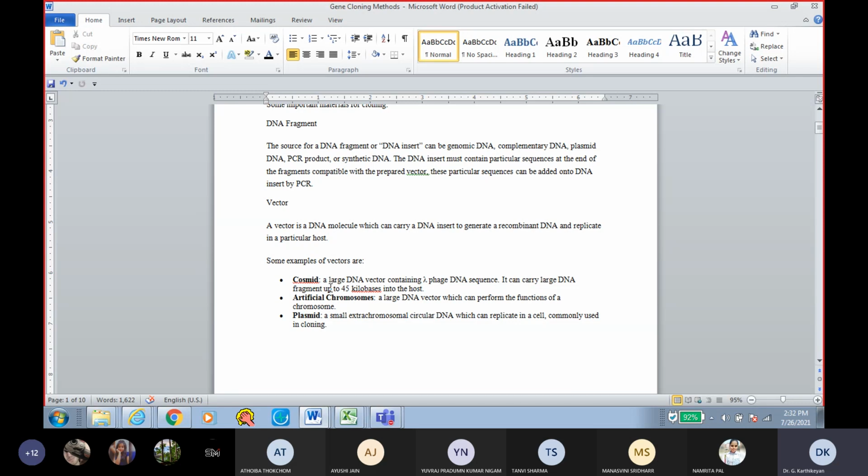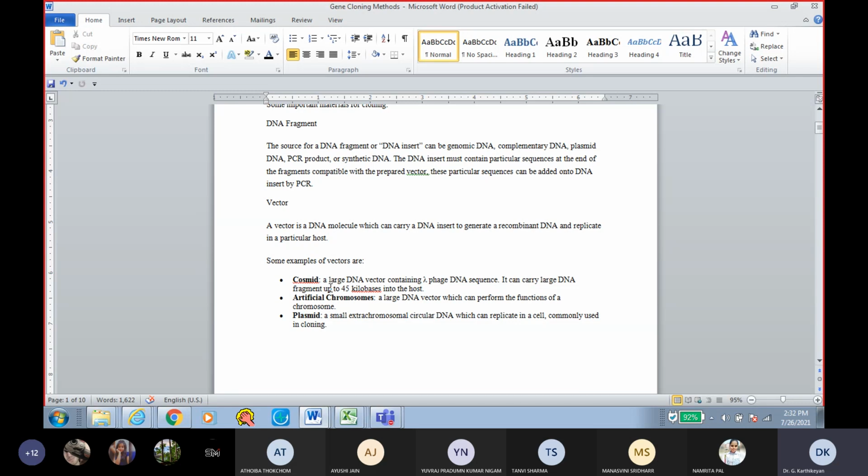Right? 2 kilobase pairs means 2000 nucleotides. Anything beyond that, generally the plasmids tend to become unstable. The plasmid will be lost, or the gene will be lost. So many complications happen. So typically, small plasmids carry up to 2 kilobase pairs of foreign DNA.